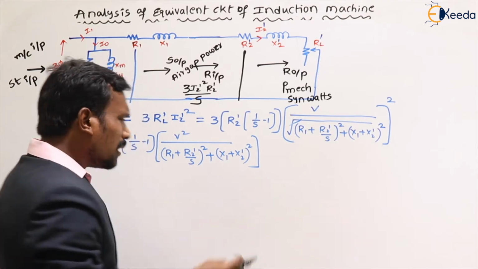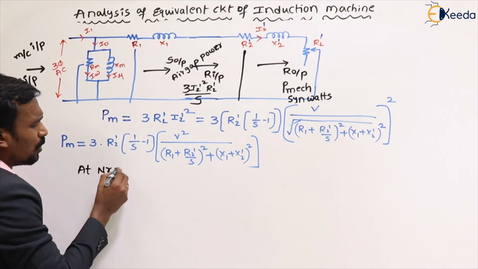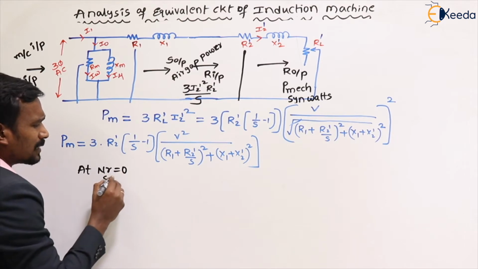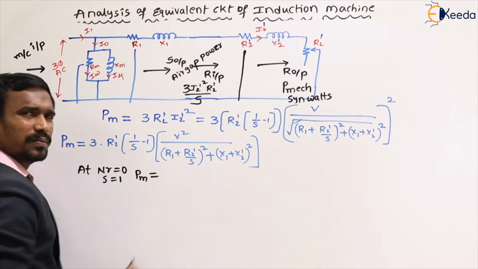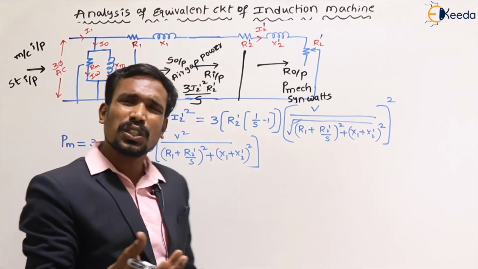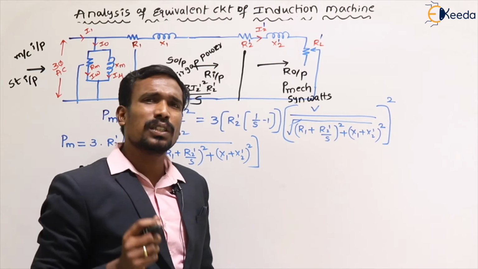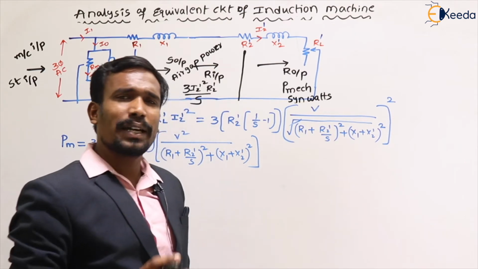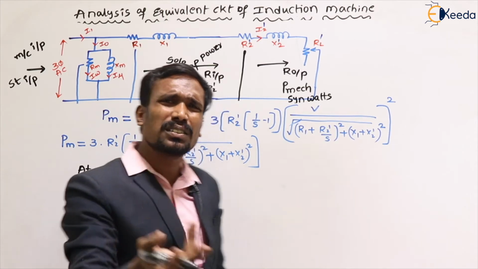Now, can you tell me, at N_R equal to 0, nothing but when slip is equal to 0, the power developed by the machine? When N_R is equal to 0, by using common sense, what is the power developed by my motor? When N_R is equal to 0, the power developed is 0, yes or no?